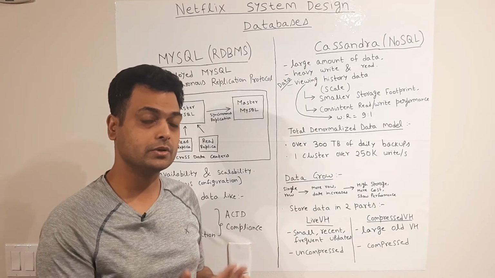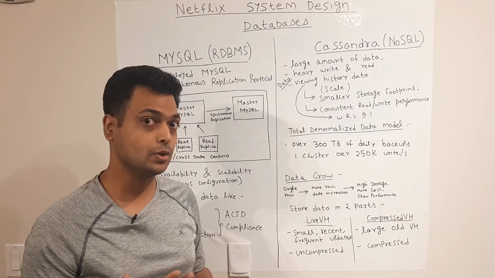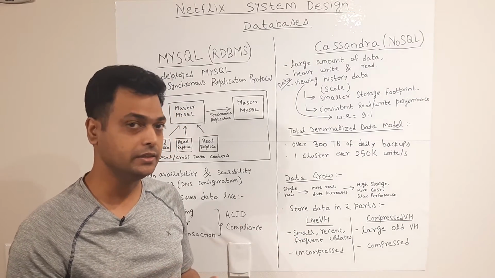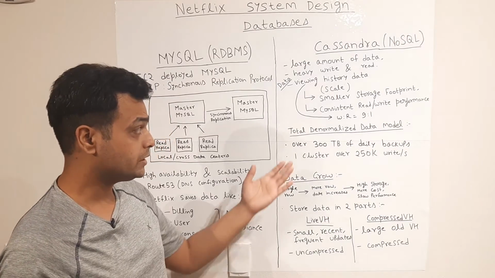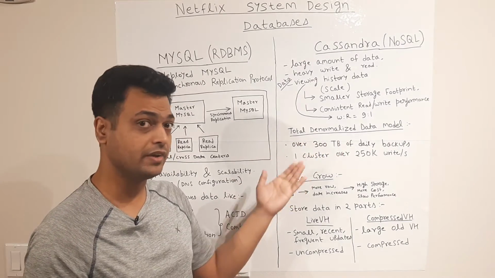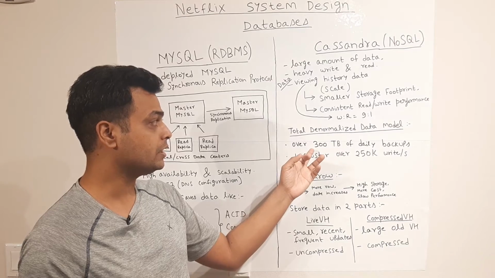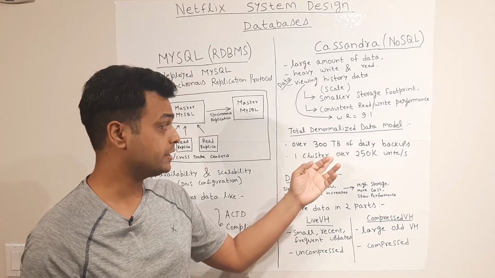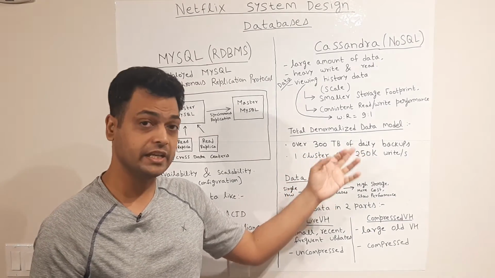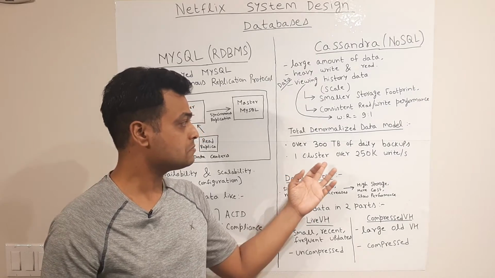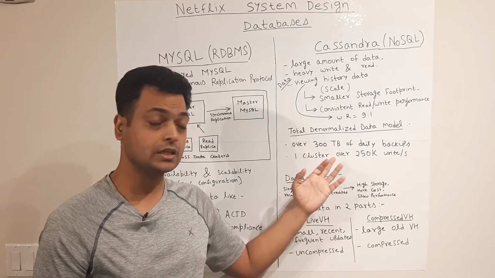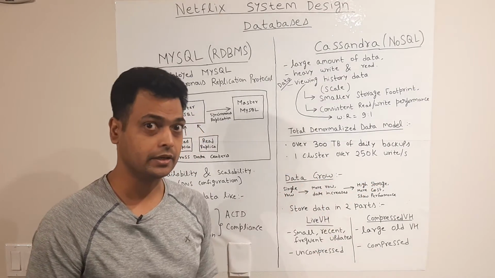So there were more writes for a user's viewing history than reads. And the data actually rose to a very high volume, all the way to 300 terabytes of daily backup, and each cluster storing 250,000 writes per second.